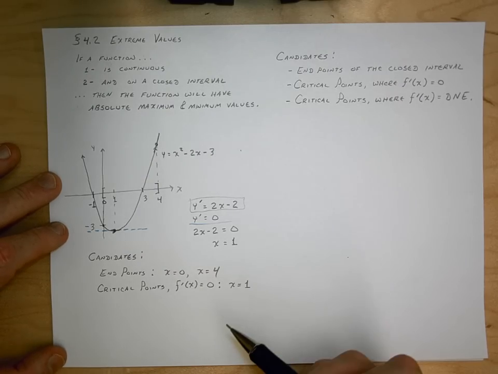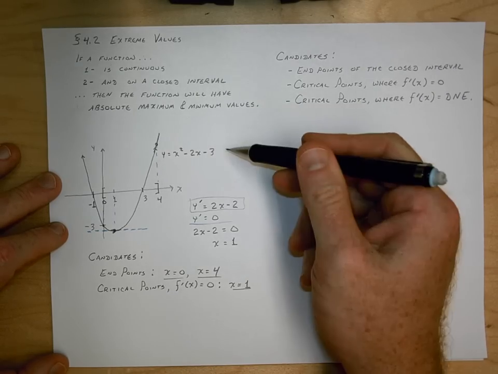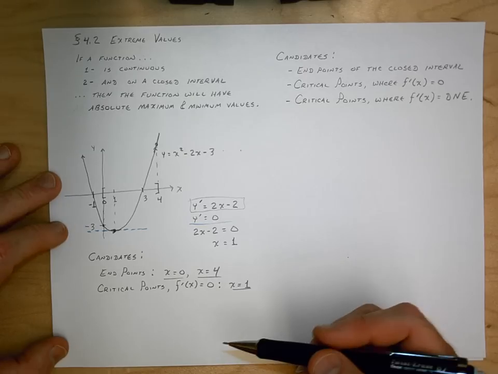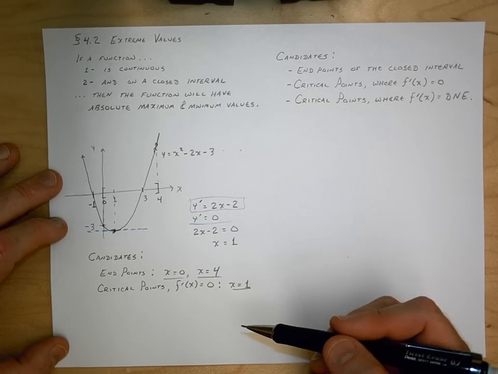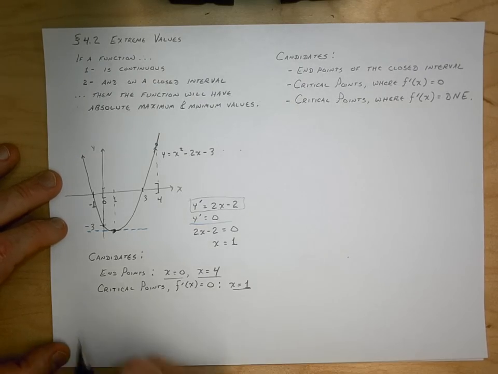You can eyeball the graph and just tell, but really it's sort of a brute force effort. We're simply going to take each of these x values and plug them into the original equation and see what results we get. The very highest of those will be the absolute maximum. The very lowest of those will be the absolute minimum. So let's do that real quick.